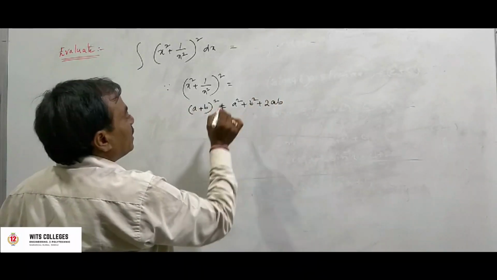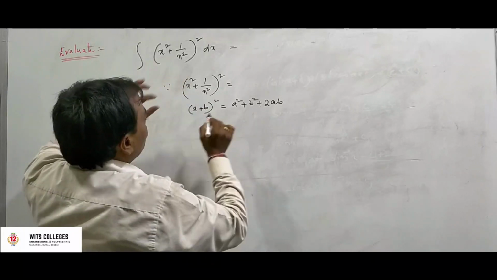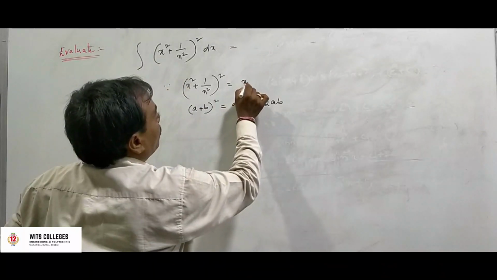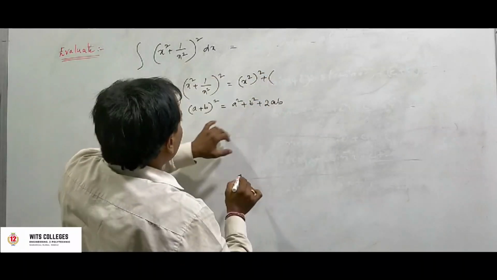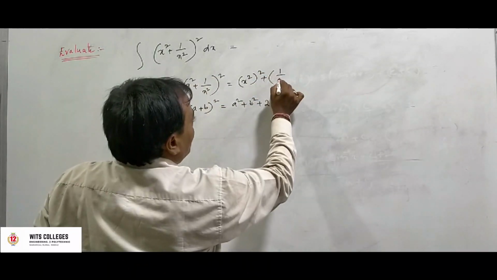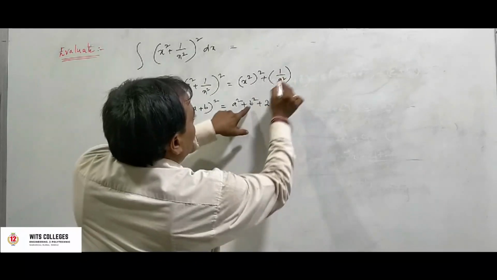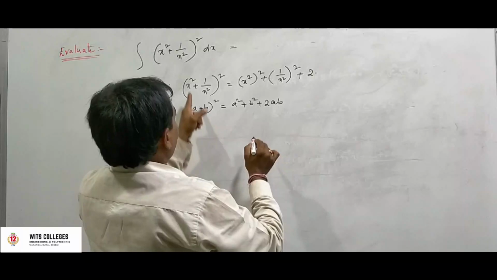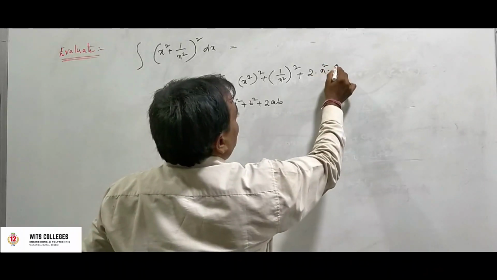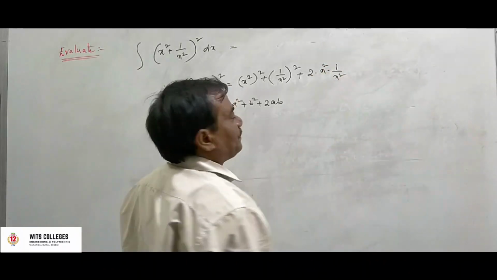So what is a here? A equal to x square. So therefore (x square) whole square plus, what is b here? B equal to 1 by x square, and (1 by x square) whole square plus 2 times a, which is x square, times b, which is 1 by x square.